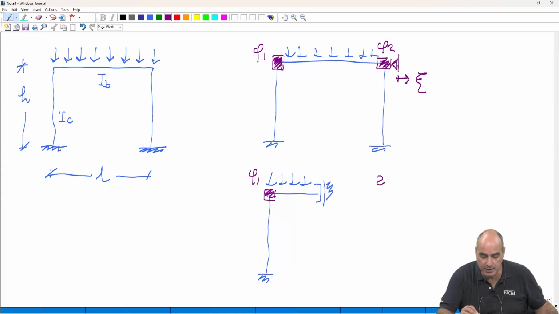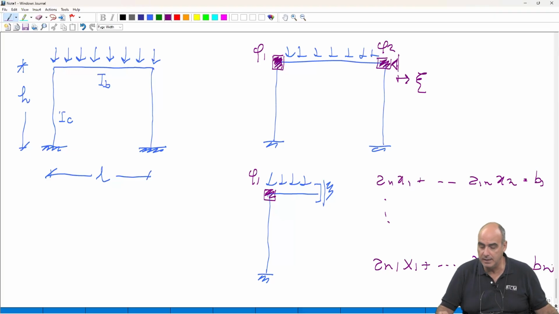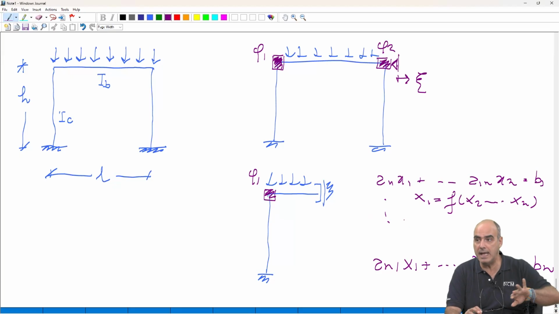You have a system which is A11 x1 plus ... plus A1n xn equal to B1, up to An1 x1 plus ... plus Ann xn equal to Bn. What do you do? From the first equation, you calculate x1 as a function of x2 to xn. You substitute into the second equation. In that way, x1 is eliminated. The second equation contains unknowns from x2 onward.